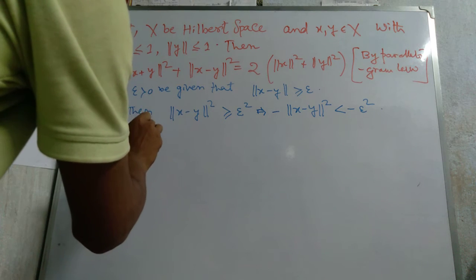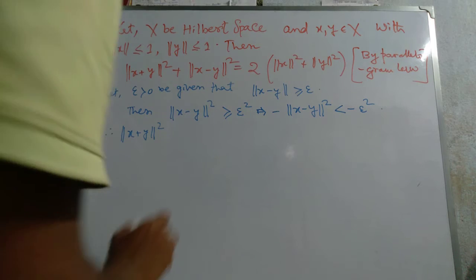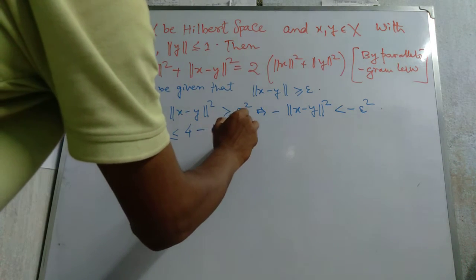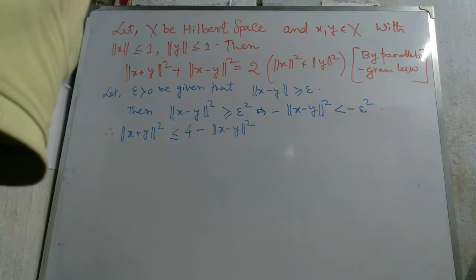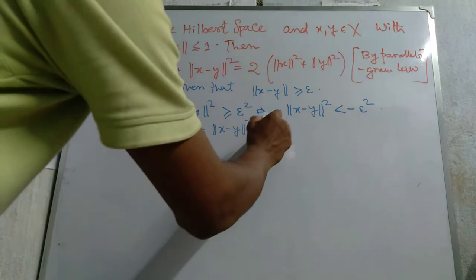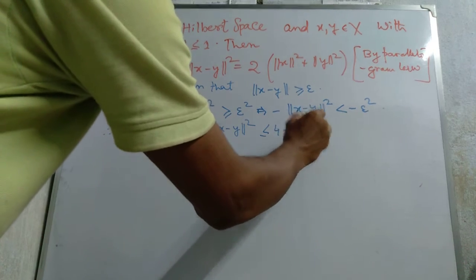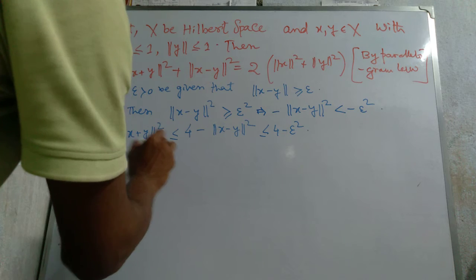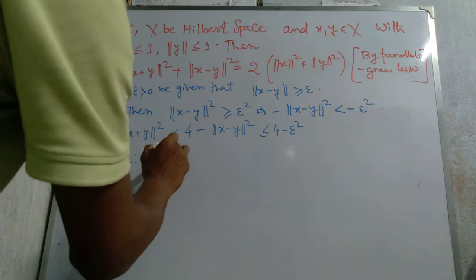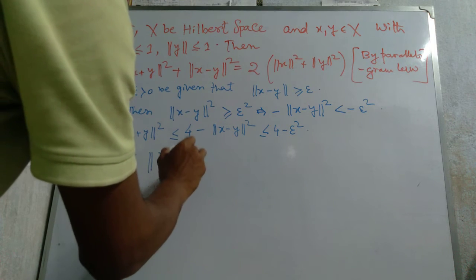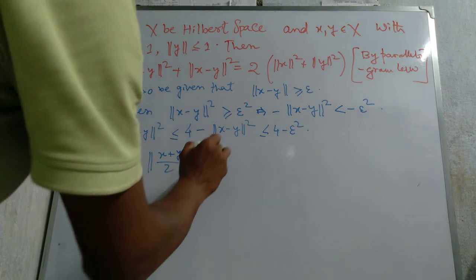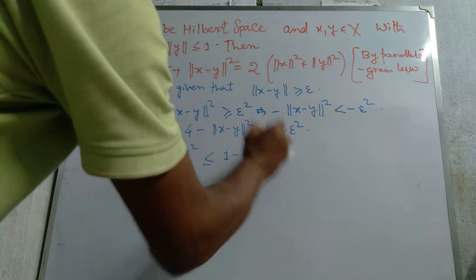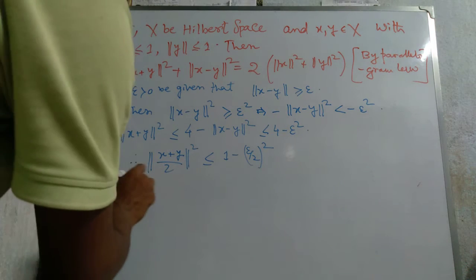So norm of x plus y whole squared is less than or equal to 4 minus epsilon squared. So norm of x plus y by 2 whole squared is less than or equal to 1 minus epsilon by 2 whole squared.